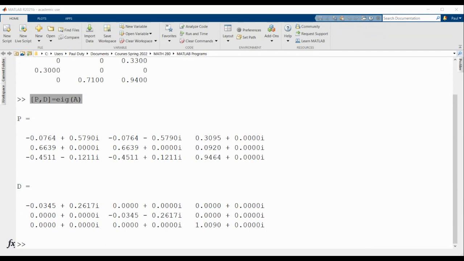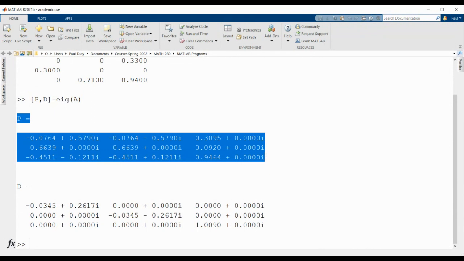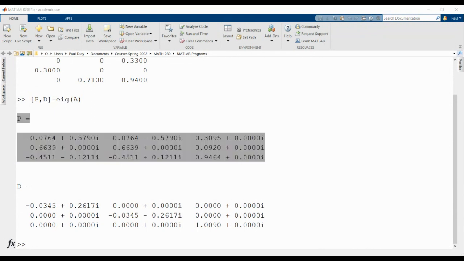Notice that for the complex eigenvalues, you have complex eigenvectors. You look at that matrix P, it contains three eigenvectors. The first two columns are complex conjugate eigenvectors that correspond to your complex eigenvalues.